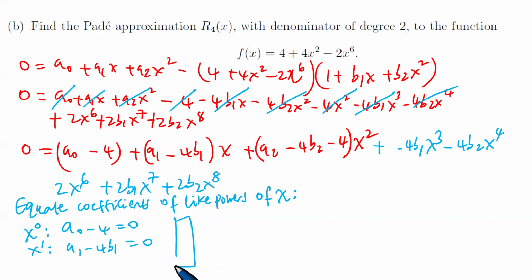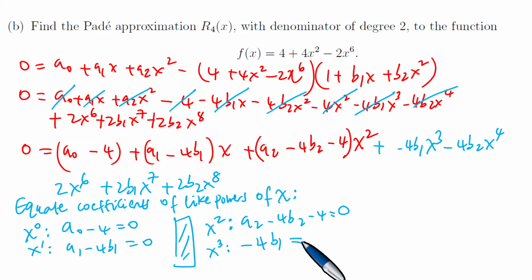We continue to equate. Then we have the quadratic, like powers of x squared: A2 minus 4b2 minus 4 equals 0. And then x cubed: minus 4b1 equals 0.